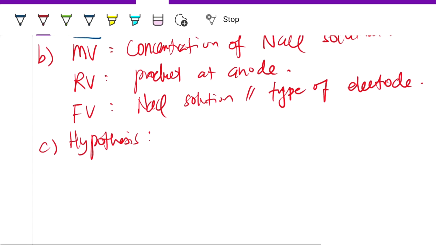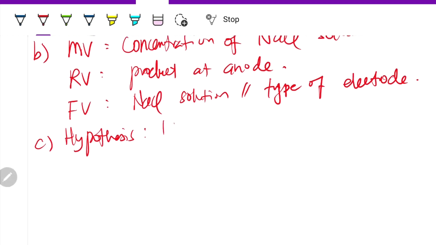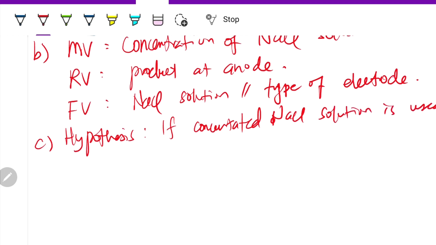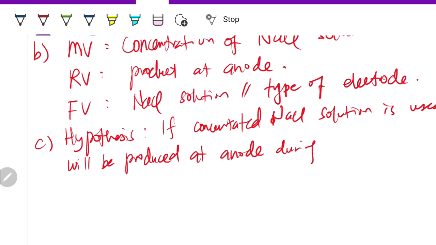So if concentrated sodium chloride solution is used, chlorine will be produced at anode during electrolysis.